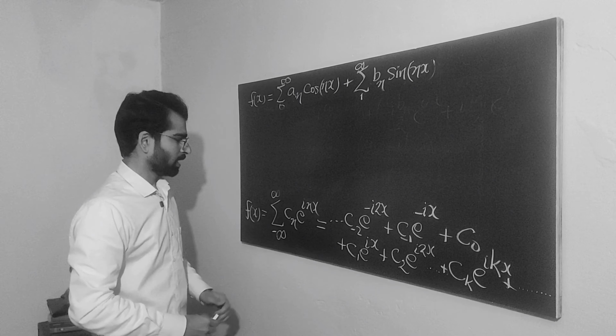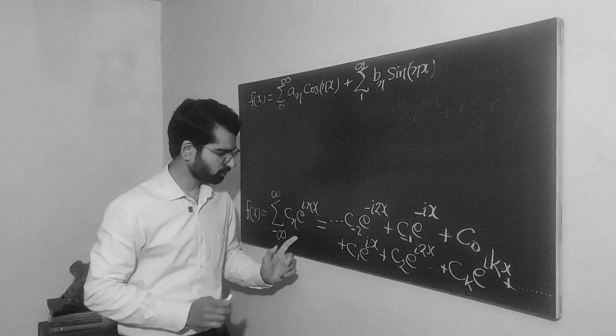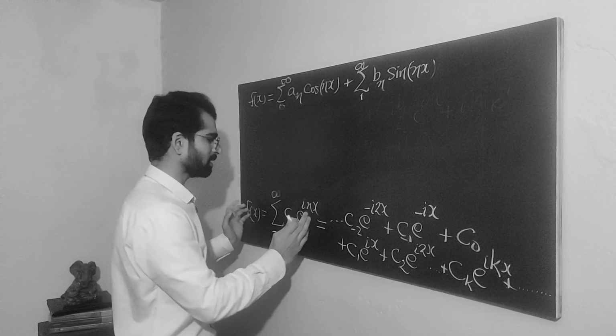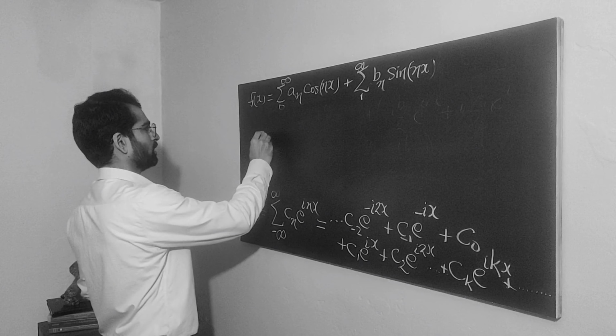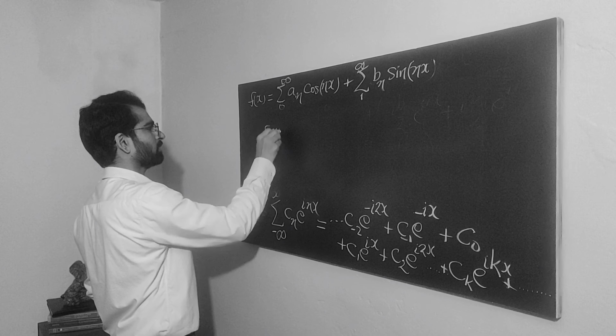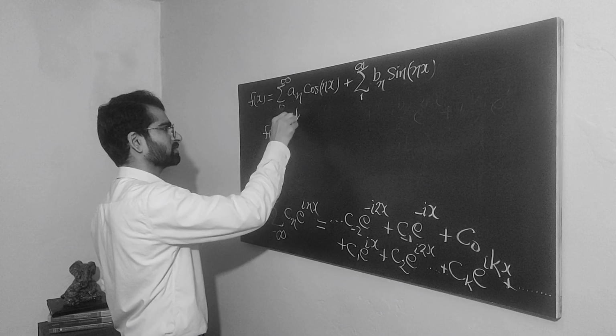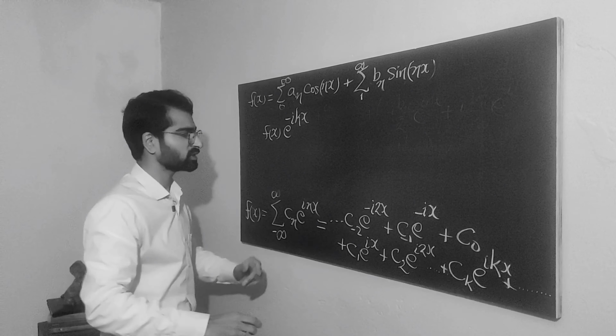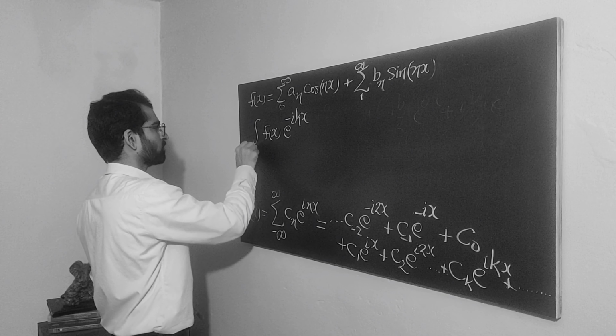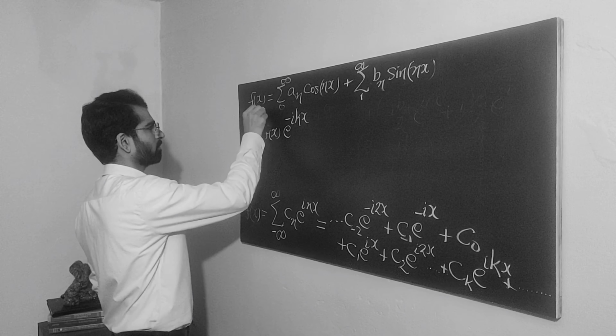Alright, now what I do to find Cn's, I take my function and I multiply both sides with e to the minus ikx. This is the trick. And I integrate it from minus pi to pi.